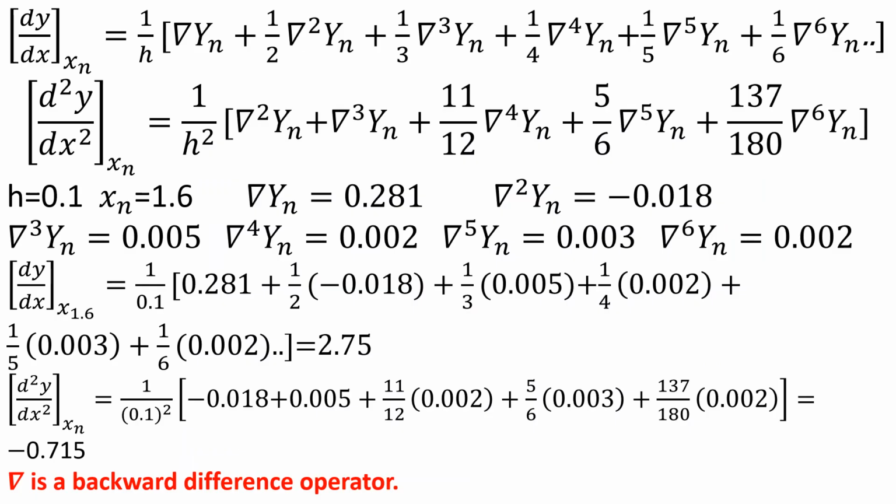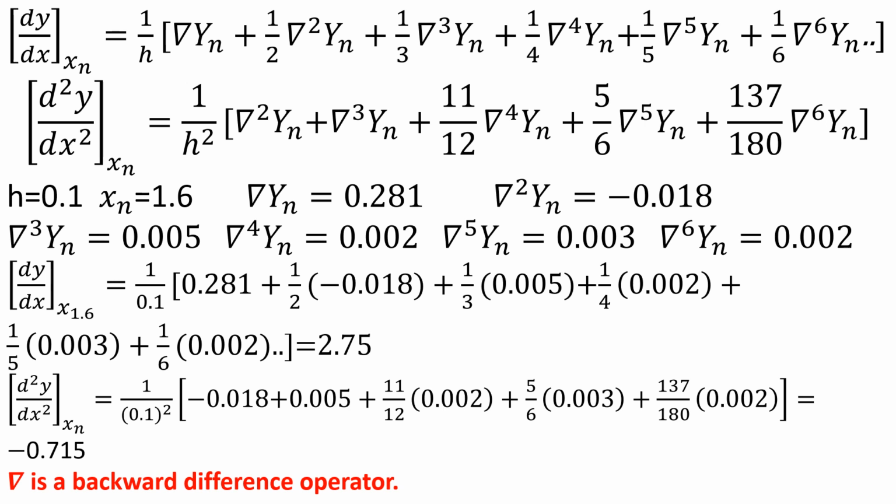Now dy/dx at xn, because xn is at the end. In the first formula I put x0. Here it is 1 by h delta y, where delta is the backward difference operator. This is the major difference between Newton's forward formula and Newton's backward formula. You have to remember this formula.